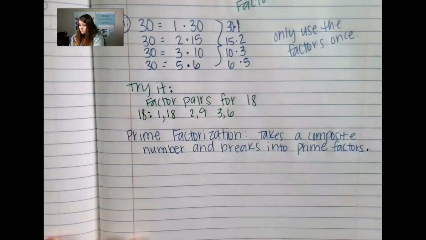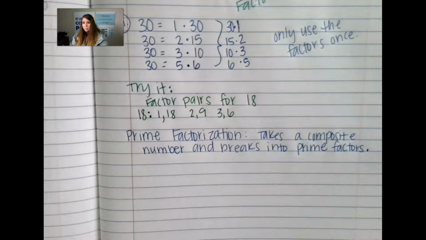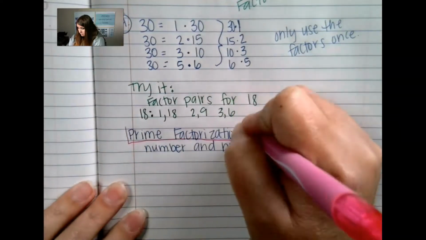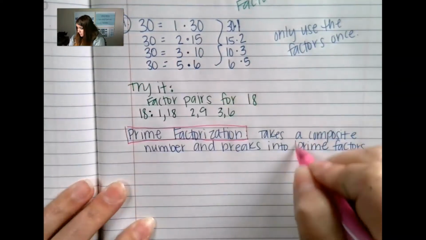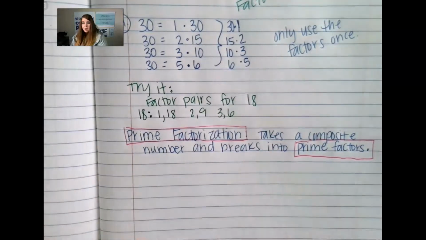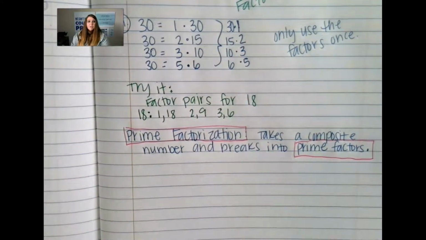So we will take a composite number and break it down into prime factors, like using factor pairs to break it down. We do this with factor pairs and a factor tree.